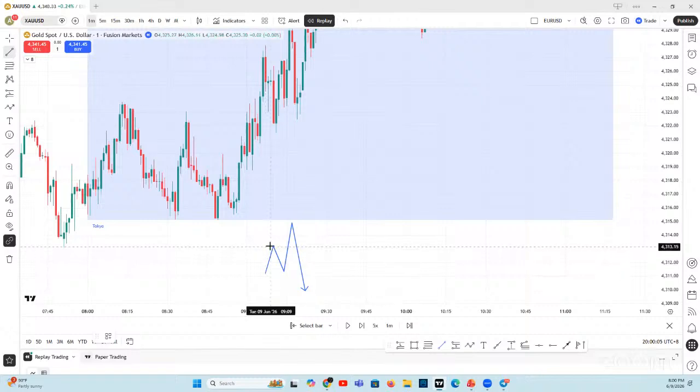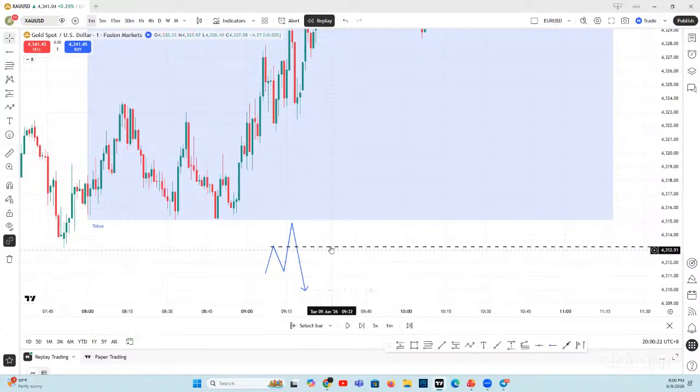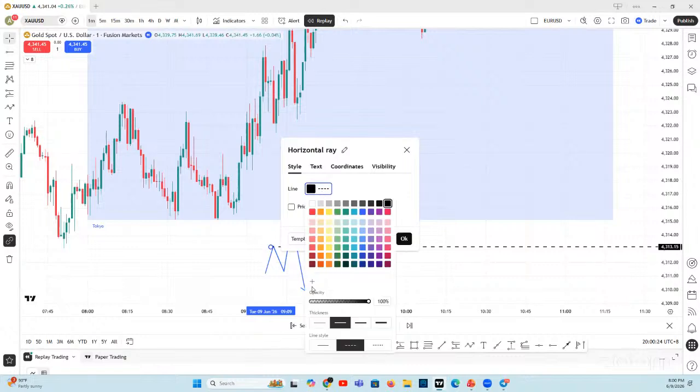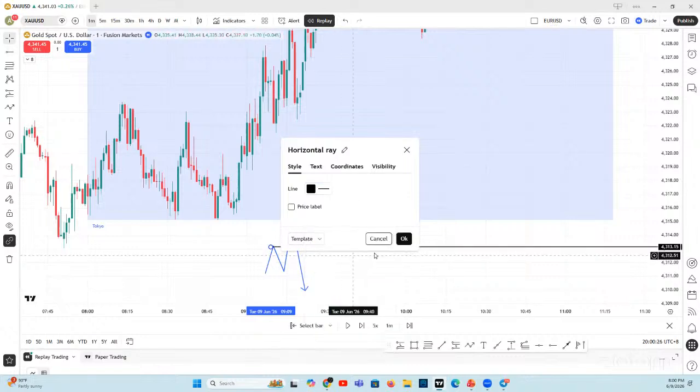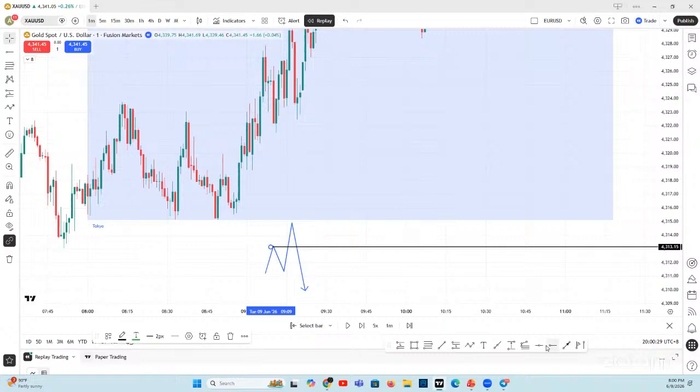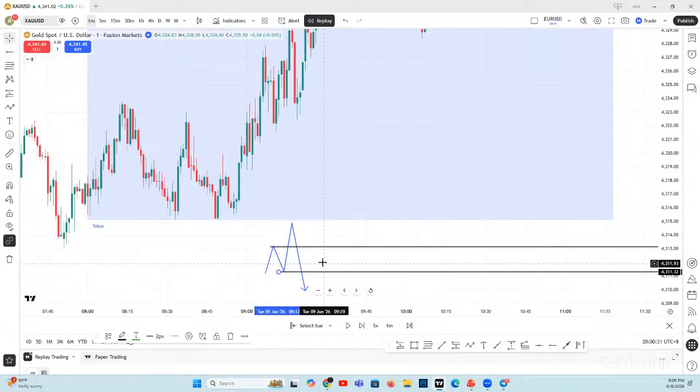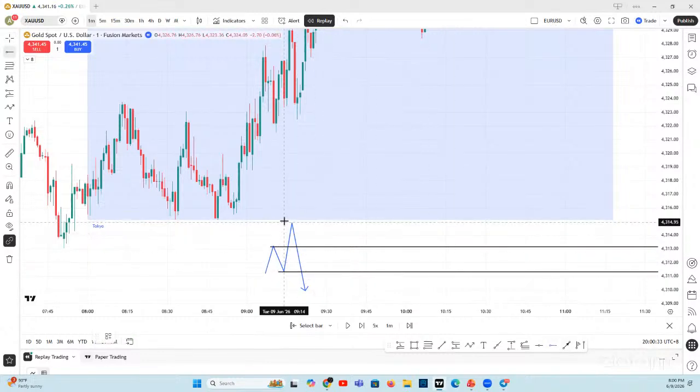Where are the entry points? Left shoulder, sorry. First entry point is actually here, the neckline. Okay, but I will highlight the three: the shoulder, the neckline, and the head or the apex.